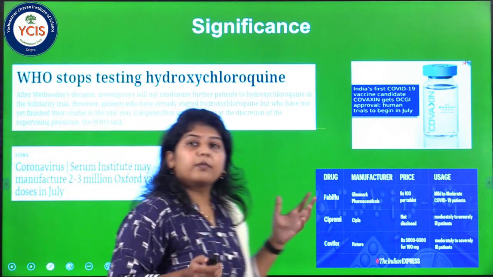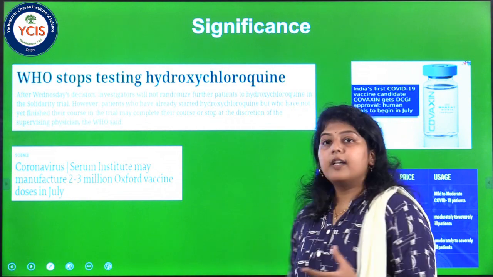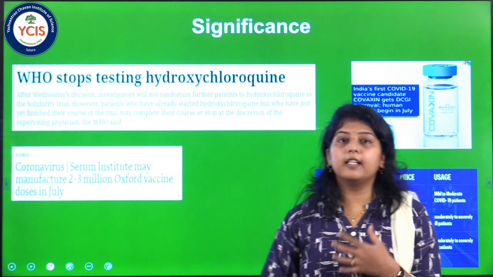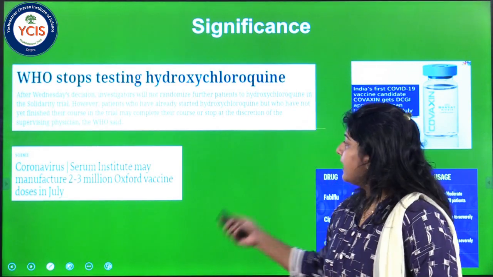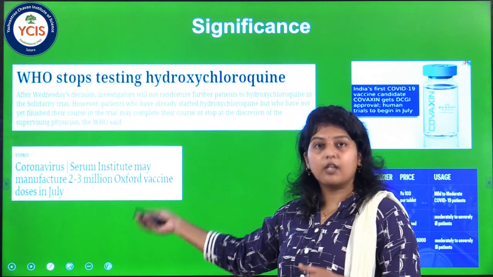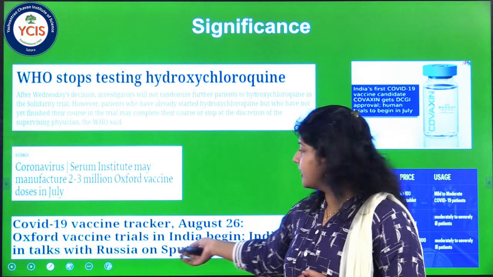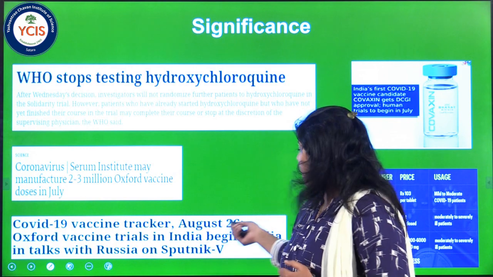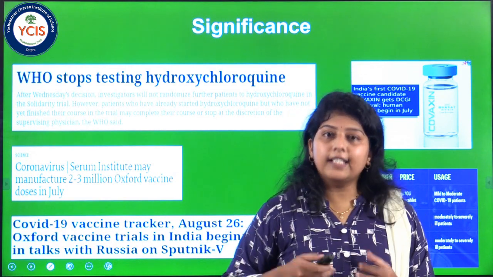Then, we all know that Serum Institute is a major pharmaceutical industry in India which has participated in the clinical trials and manufacturing proceedings with Oxford University, and they started producing the vaccines in July itself. And yesterday, there was a newspaper article regarding the COVID-19 vaccine getting clinical trials approved in India.